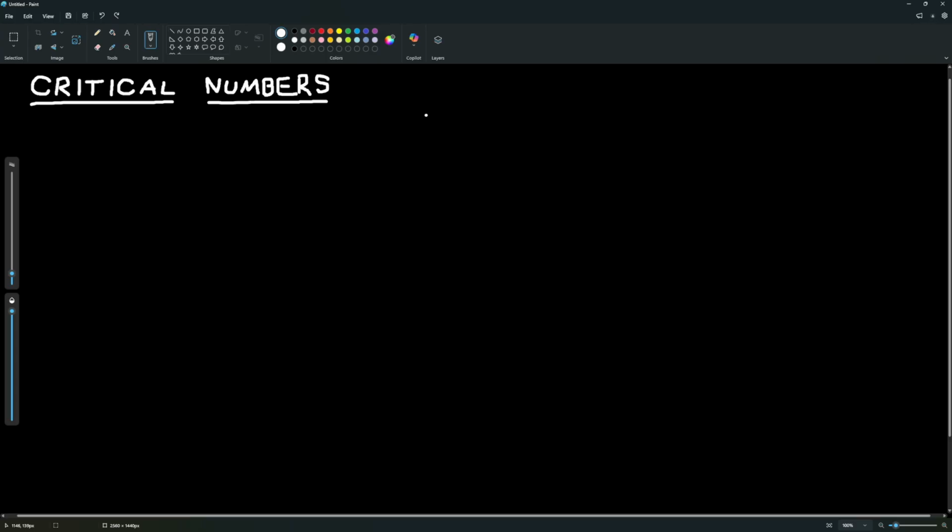So relative maximums and relative minimums are turning points. Absolute maxes and minimums don't have to be. For instance, let's say that we have just a straight line and we have points here that show where it starts and where it ends.